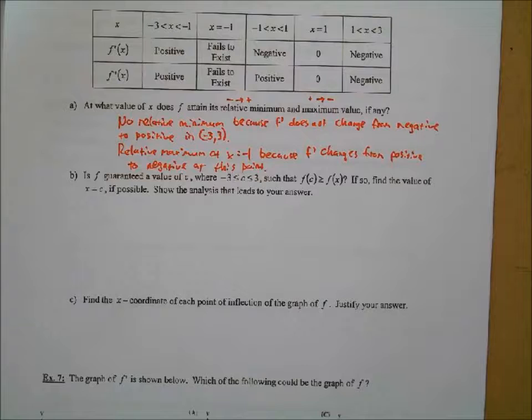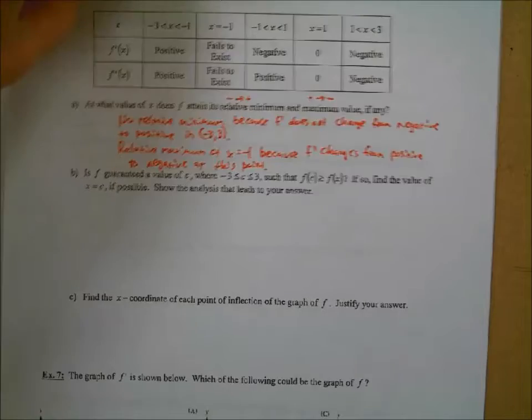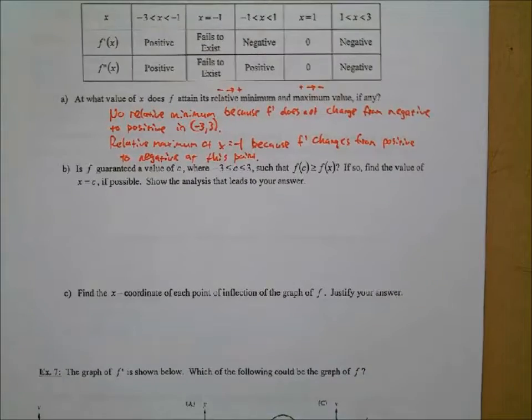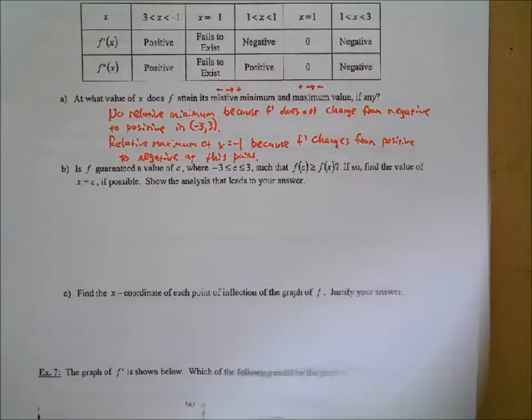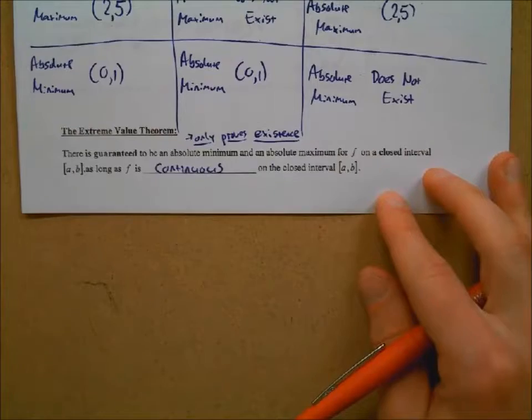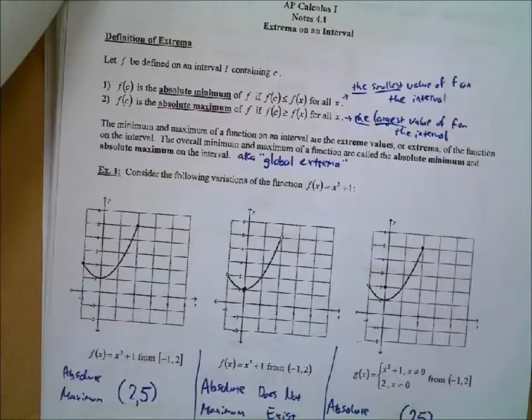Okay? What theorem allows us to guarantee the existence of absolute extrema? Not the intermediate value theorem. Intermediate value theorem tells us things between must exist. We want extreme values to exist. The extreme value theorem on the very first page of these notes here.